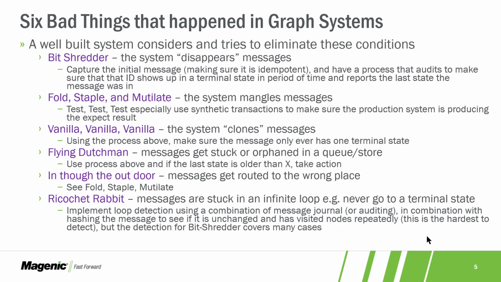In Through the Outdoor is very similar, particularly in route-based systems or in systems with finite state machines, where, remember, the rule is when we compute the next step, there's one and only one right answer. In route-based systems, the first one that evaluates to true wins.